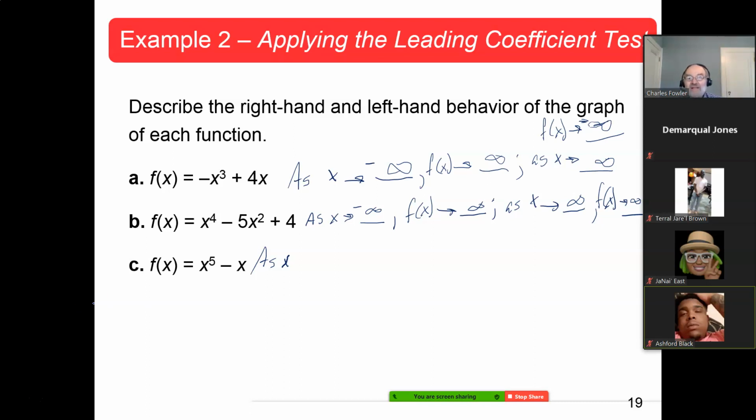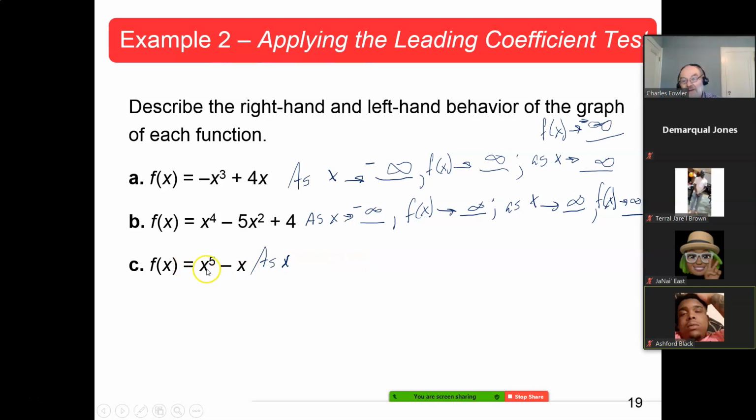Now, as x goes to negative infinity, a negative number raised to an odd power is going to be negative. So your f of x would also be negative infinity.